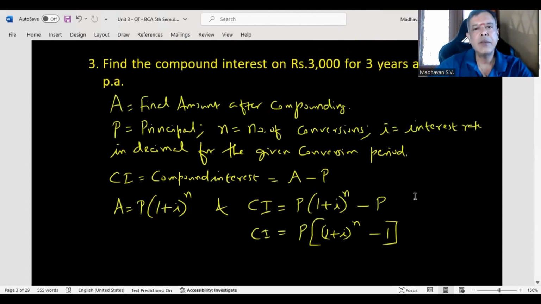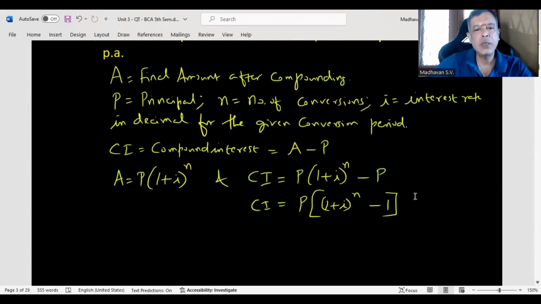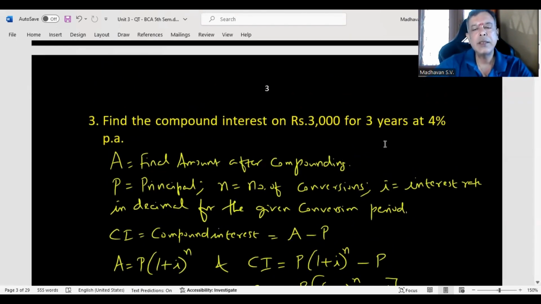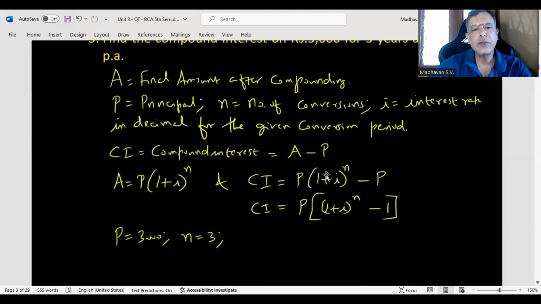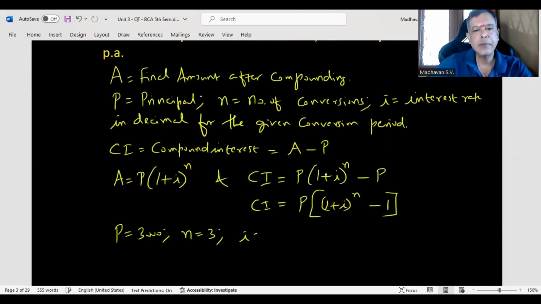Now, in this case, they gave you the principal as 3,000. So P is given as 3,000. And 3 years, they say. So number of conversions also will be 3 conversions. So N is 3. Interest rate is given as 4%. So I is 0.04.